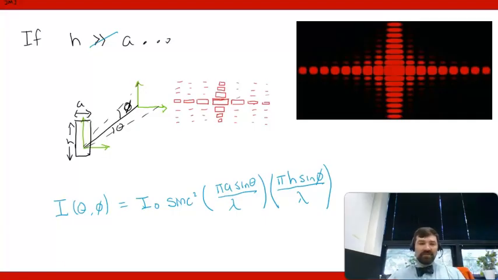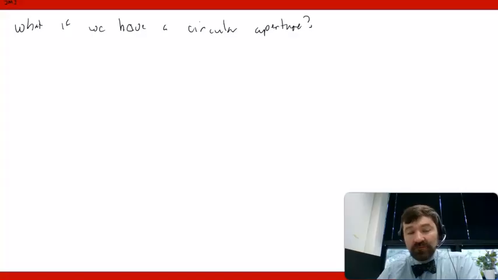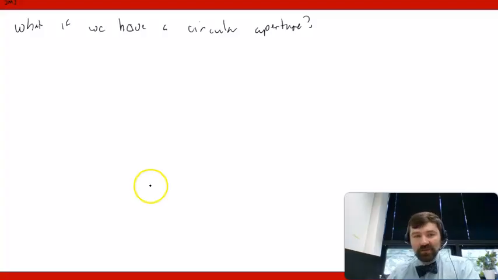What happens if instead your aperture is circular? So what if we have a circular aperture? Well, in this case, you have total symmetry about your aperture. So instead of having a length and a width, you may have just a radius somewhere.